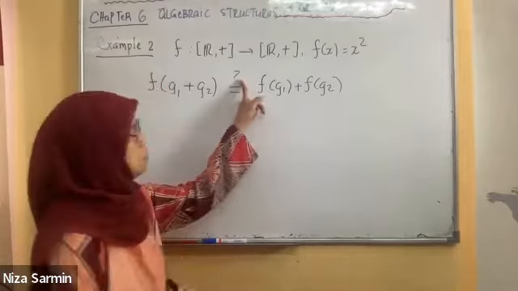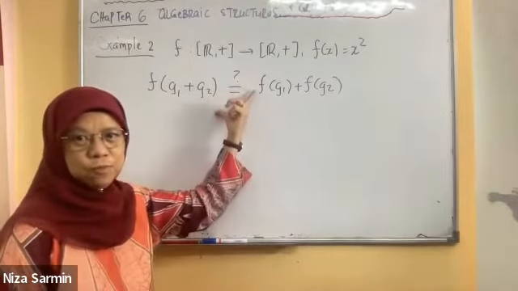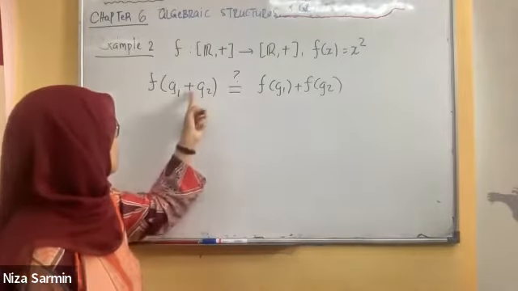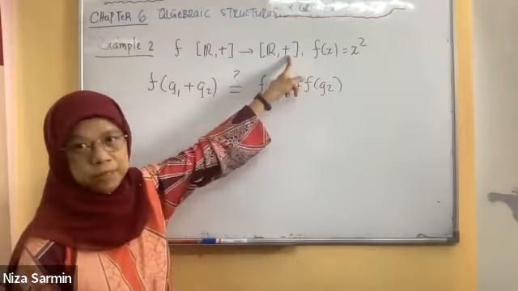Okay, I put this because I want to see or prove whether they are equal or not, right? I put a plus because it's a plus. I put also a plus because this is a plus.